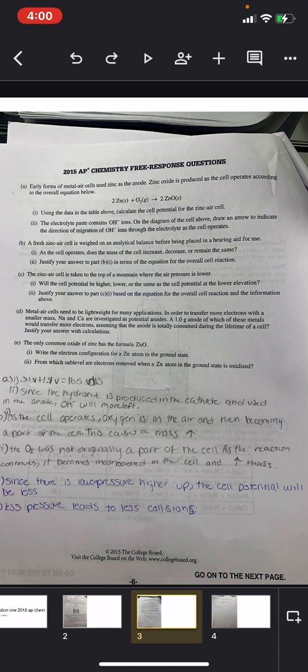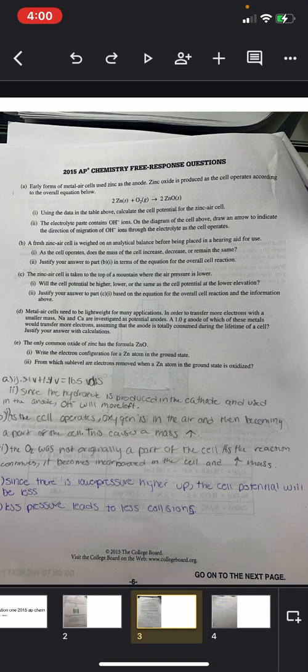So, the cell potential at the top of the mountain would be less than the cell potential at the bottom of the mountain because, since there is lower air pressure, there are fewer O2 molecules present, and the partial pressure of O2 will be lower in the reaction of the cell as the zinc is being produced.